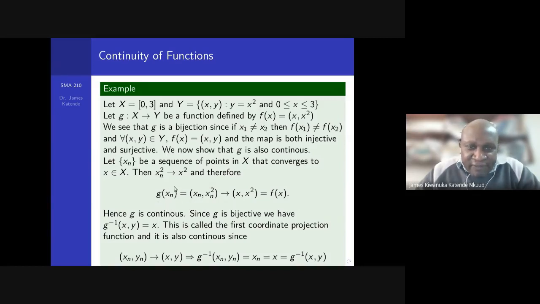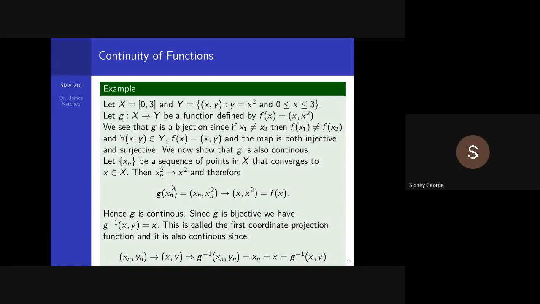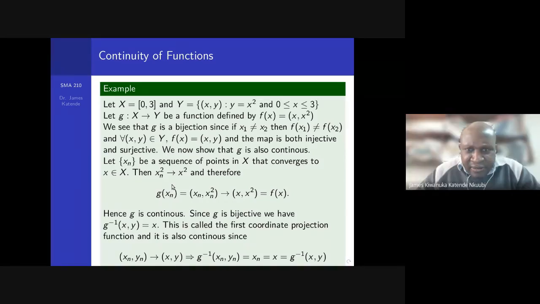So we can get the value if we need to show that G is a continuous function. Now, what is going on here? I've mixed up the letters.